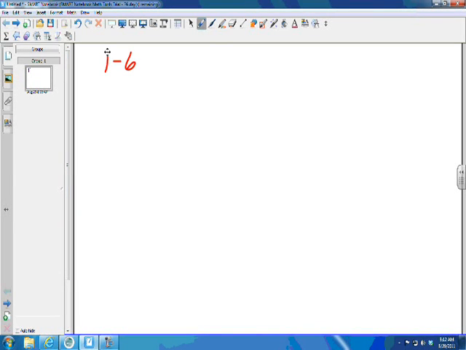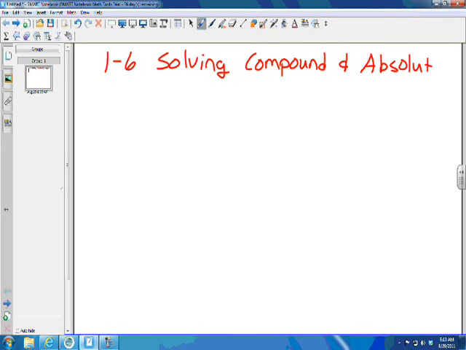So 1-6, solving compound and absolute value inequalities. So you're doing two types.